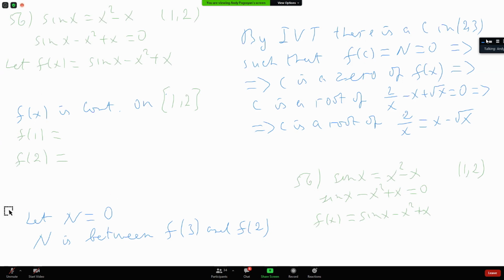So f at 1 is sine 1 minus 1 squared plus 1 equals sine 1, greater than 0. F at 2 is sine 2 minus 2 squared plus 2 equals sine 2 minus 2, less than 0 definitely.